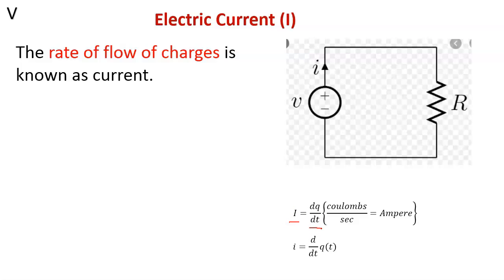So dq by dt will represent current, and when we are representing alternating current, it is represented by small i and dq by dt. So the flow of charges, and q is a function of time.